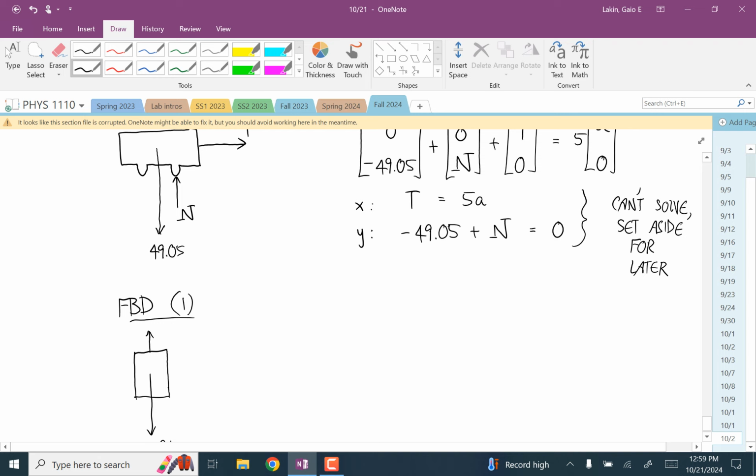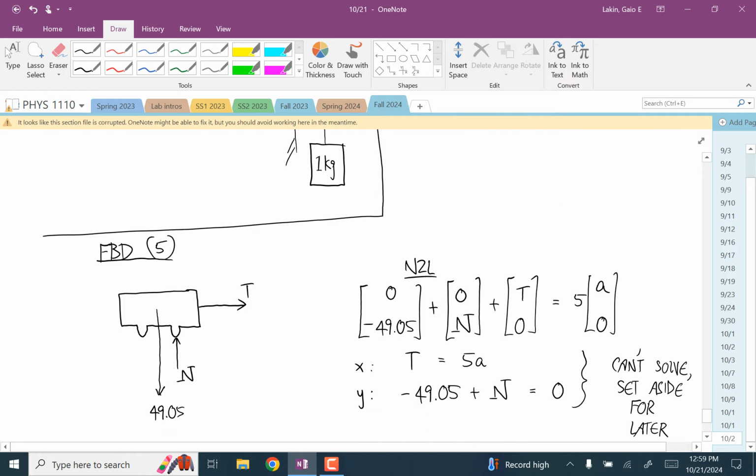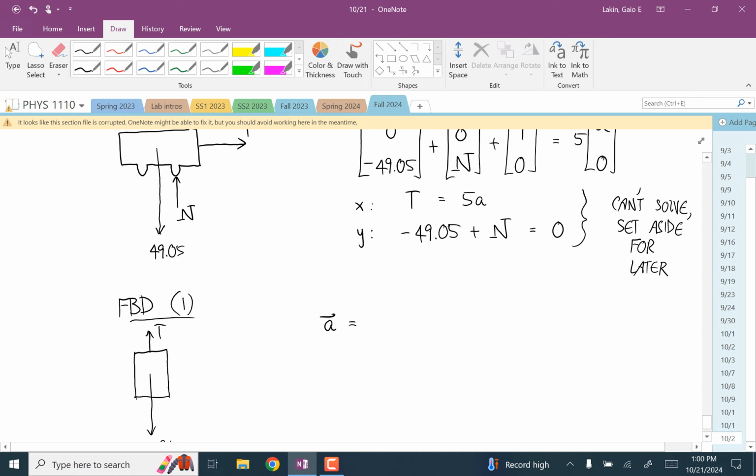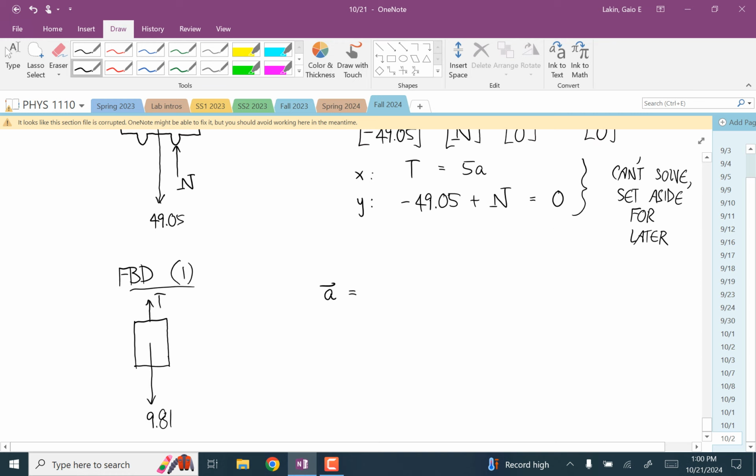It's the same cable as before, so this is still T. And now we have to think about the acceleration. So for the acceleration of this one, what we're going to do is think about moving the first body an inch in its positive direction and think about where the other one would go.